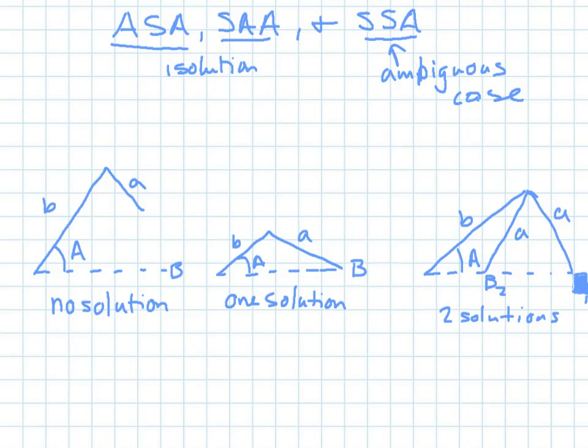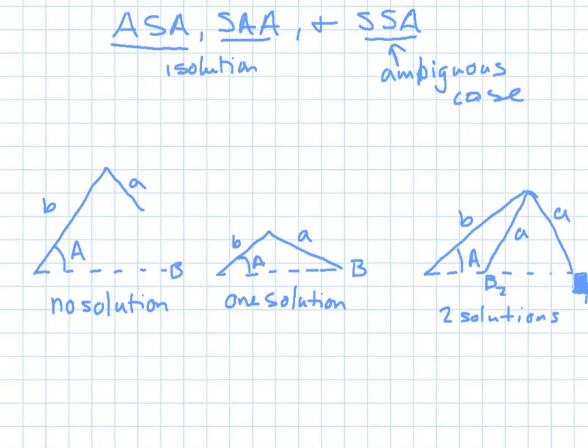There is one solution, just like ASA and SAA triangles. Or you could have two solutions, where your angle is just the right size and your side opposite of it is just the right size, where we can make one side and then swing it around and make another triangle with a different angle.